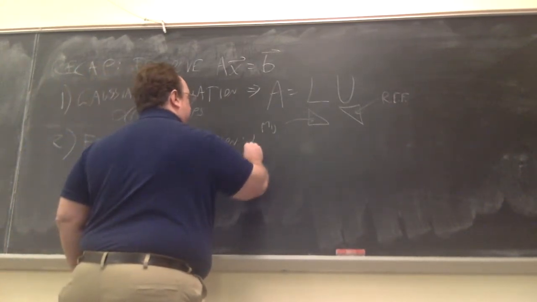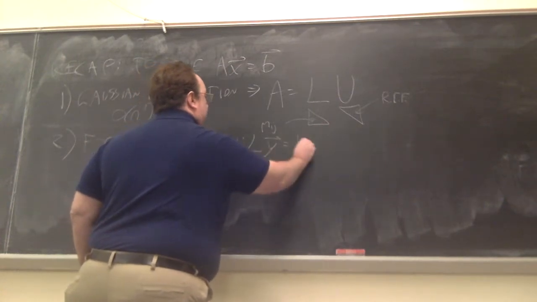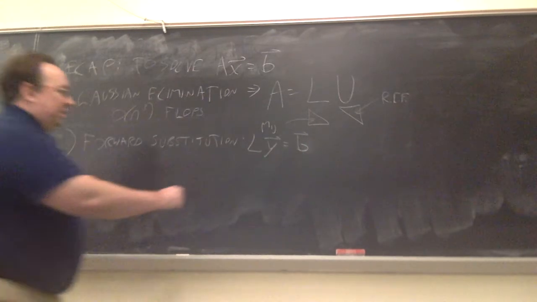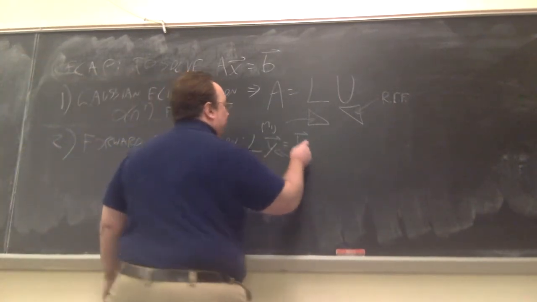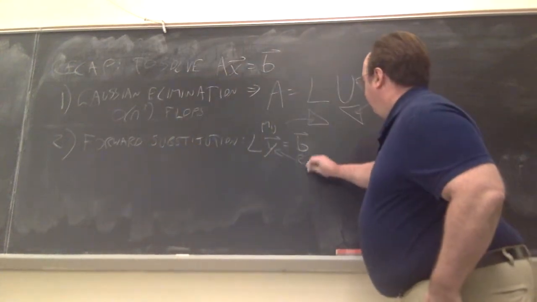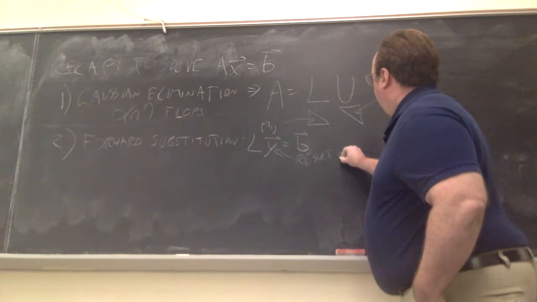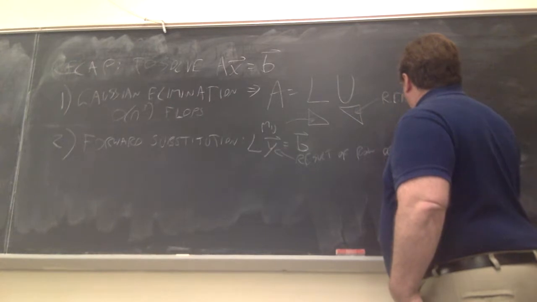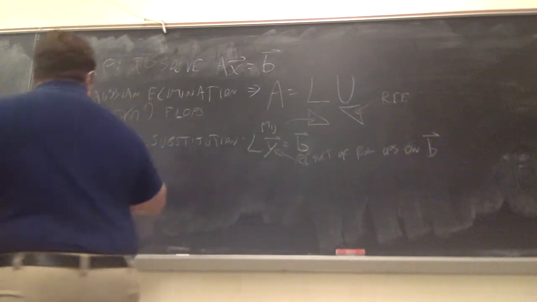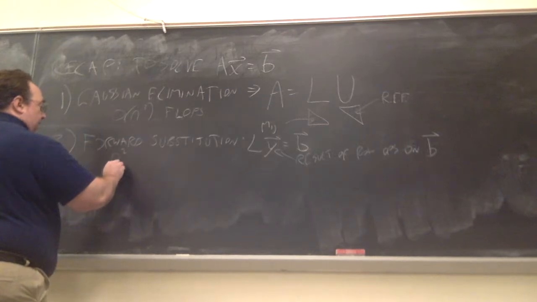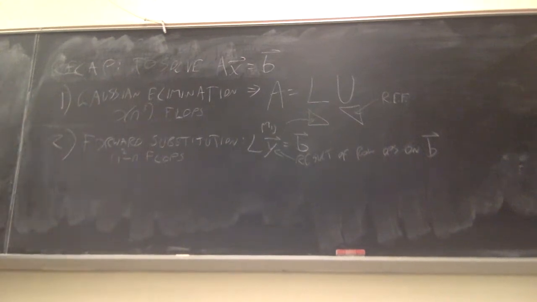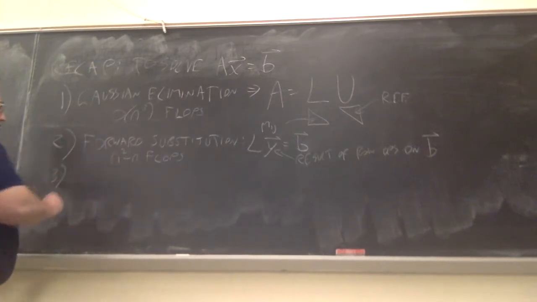And so the net effect is you're solving Ly equals b. So b is your original right-hand side of your system. y is the result of your row operations on b, and this is a lot less expensive, so it takes n squared minus n floating point operations. And then finally, what's the last stage called?